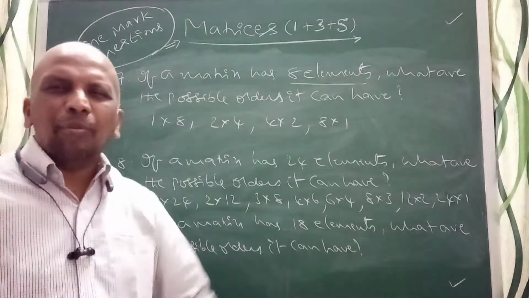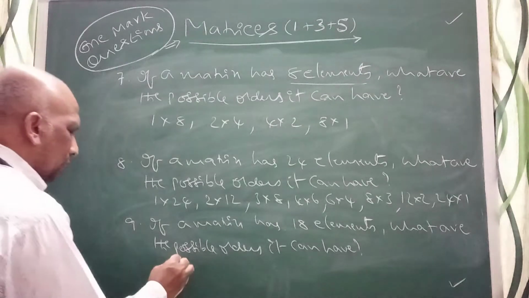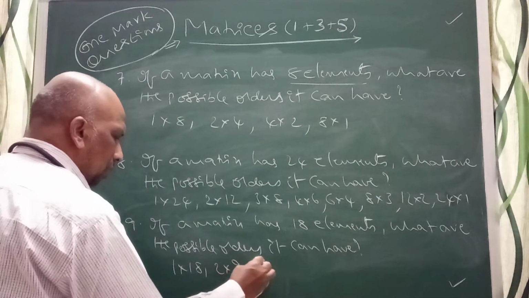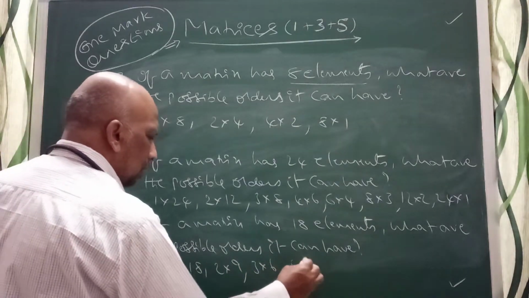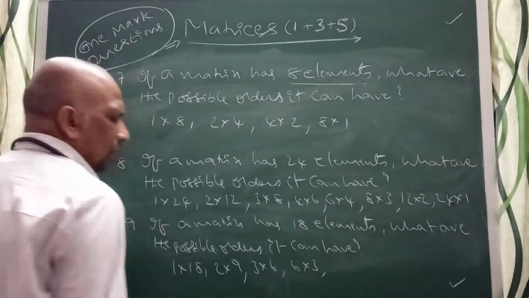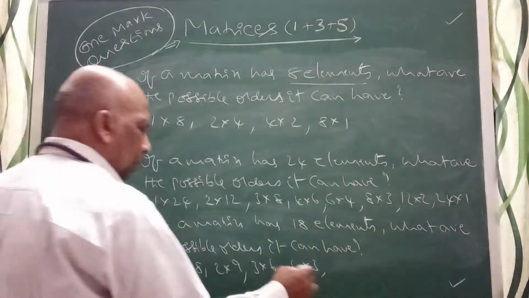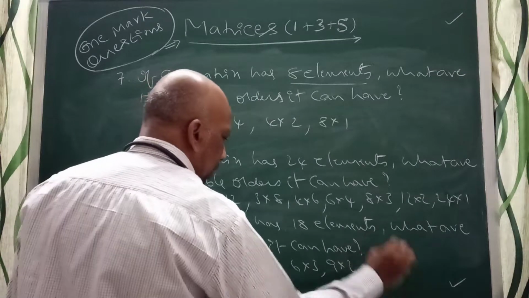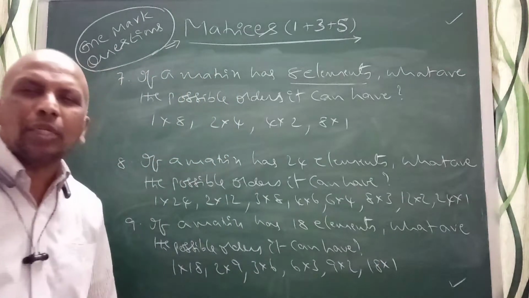Coming to 18 elements, you can write 1 by 18, 2 by 9, 3 by 6, 6 by 3, 9 by 2, and 18 by 1. So these are the possible orders it can have.